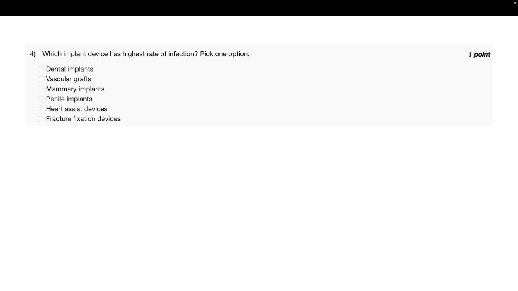I'll wait if others want to answer. Okay, no one else. So both of you are correct. The right answer is heart assist devices.